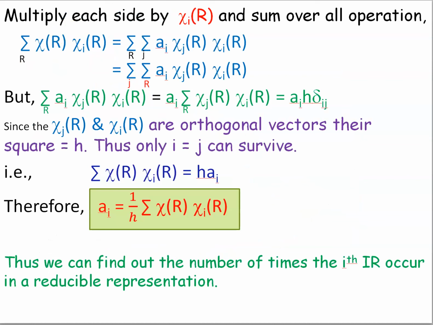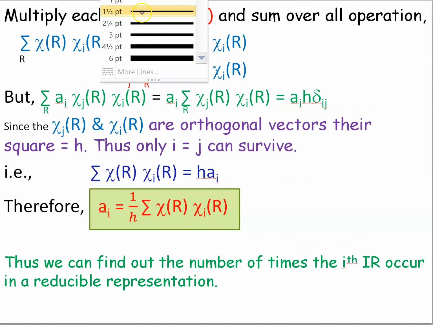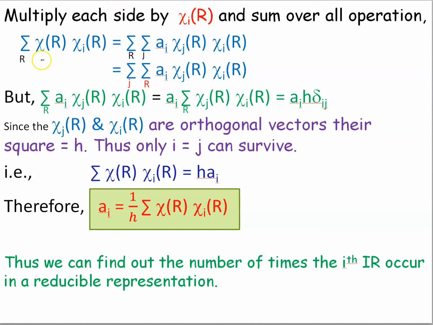That is, sigma R chi_i R chi R is equal to sigma R sigma j a_j chi_j R into chi_i R. Simply multiplying chi_i R on both sides and summing over all the operations. And here we are rearranging the summation, so the order of summation does not matter.